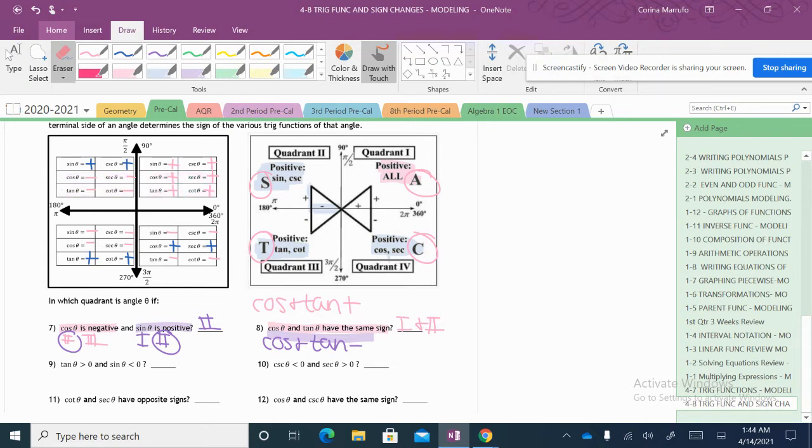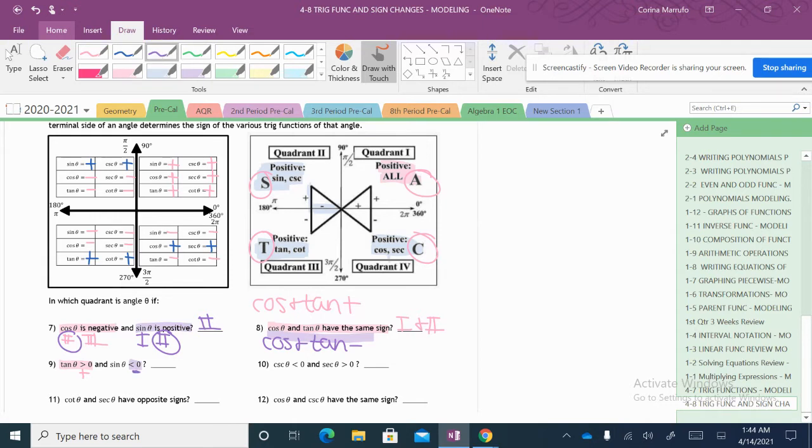Okay, the next one, we're looking for when tangent of theta is greater than 0. That is a fancy way of saying the tangent is positive, because all the numbers greater than 0 are positive. And sine of theta is less than 0 is a fancy way of saying sine is a negative number.